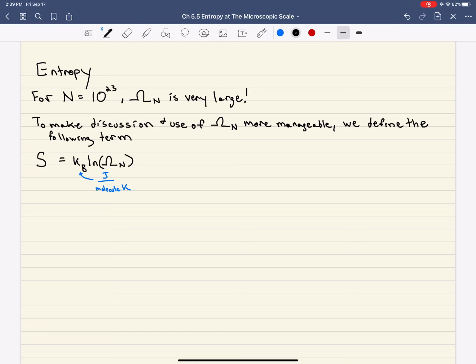All right, and we're calling that S because this equation calculates entropy. Okay? This is the same S that we've been talking about since chapter 4.